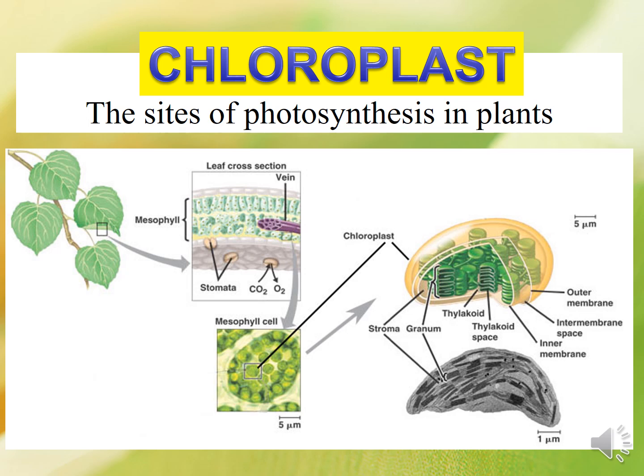Inside every granum, there is a stack of thylakoids, and inside the thylakoid there is the thylakoid space. That is the most important site in the chloroplast that you need to always remember, because the light reaction occurs in the thylakoid membrane. And the thylakoids and grana are floating in the area that we call the stroma.